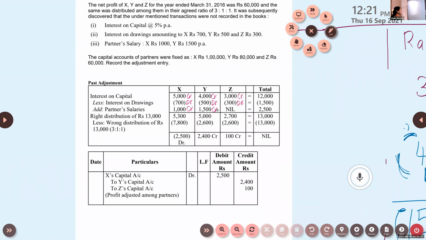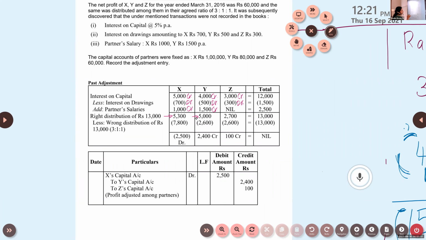So find out the totals of each. X: 5,000 plus 1,000 positive figures minus 700 will give you 5,300. For Y: 4,000 plus 1,500, 5,500 minus 500 will give you 5,000.